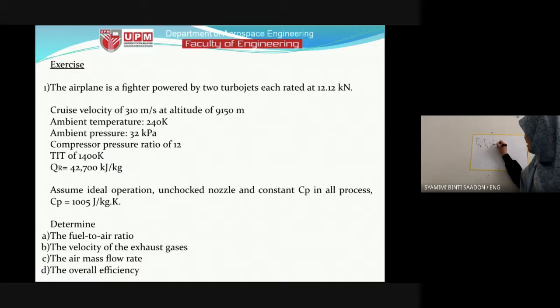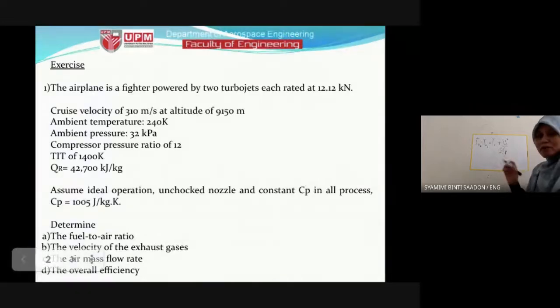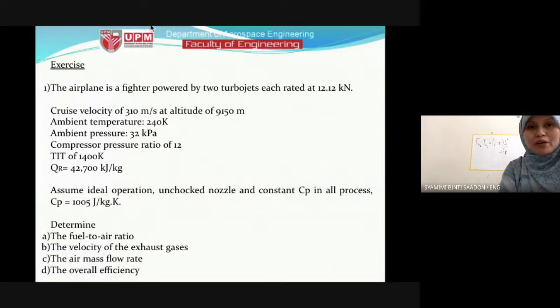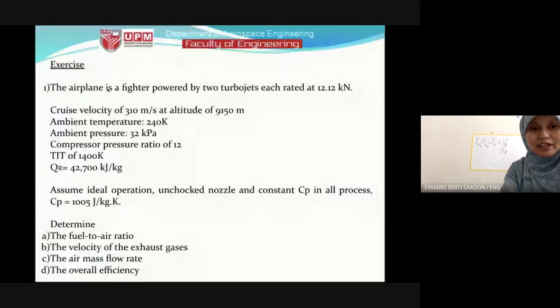So static temperature for ambient is TA, the ambient temperature, plus, remember this one, V squared over 2CP. I hope you remember this equation. This is the dynamic temperature plus the TA. I write it as VF because of the flight speed or air speed, given as 310.